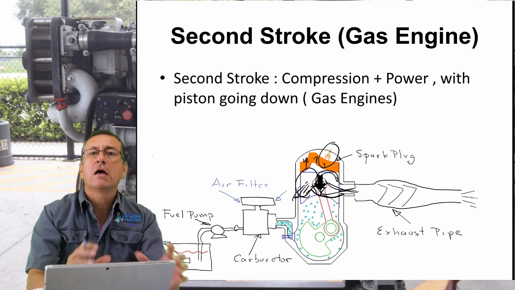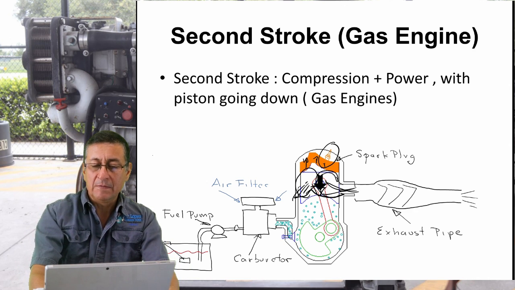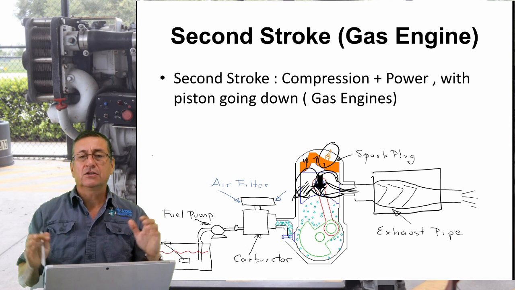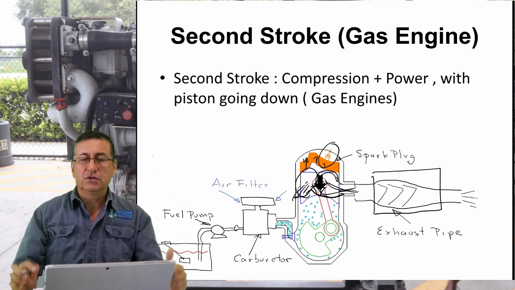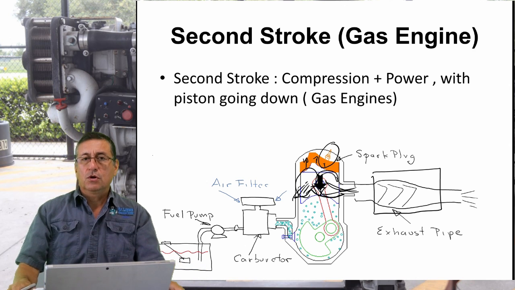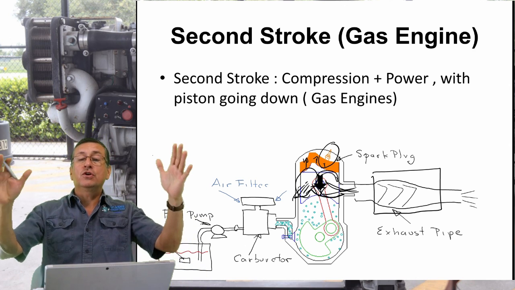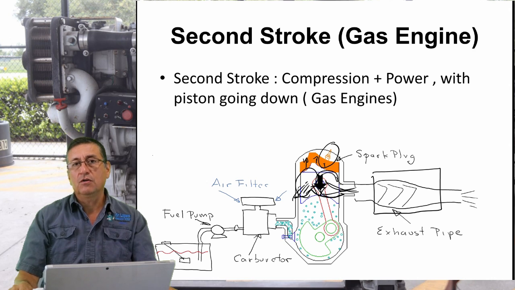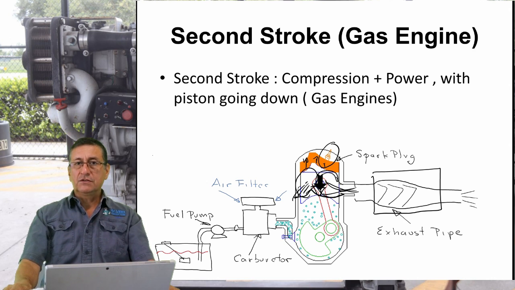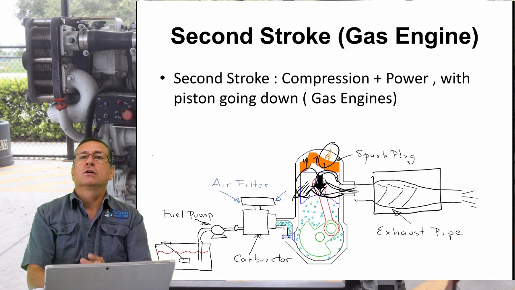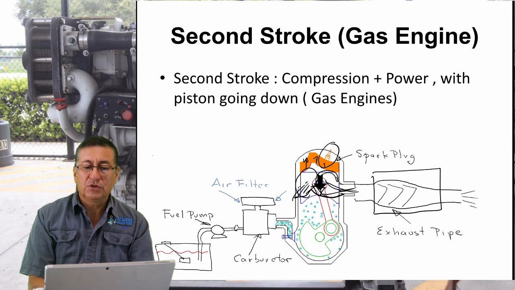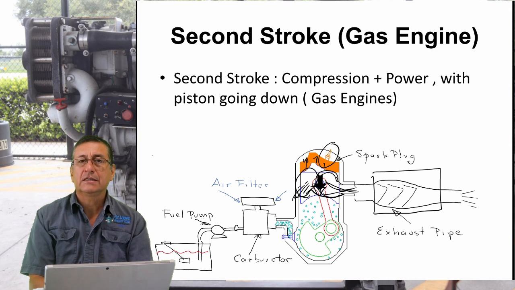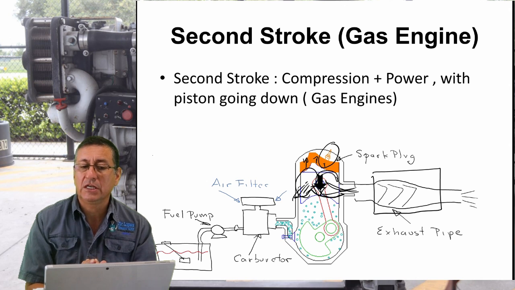The sound can be reduced with the exhaust pipe, depending on its design, but two-stroke engines produce a lot of noise, and this is one of the inconveniences. Another is the smoke and the gases produced outside. All right, this is the two-stroke gasoline engine.